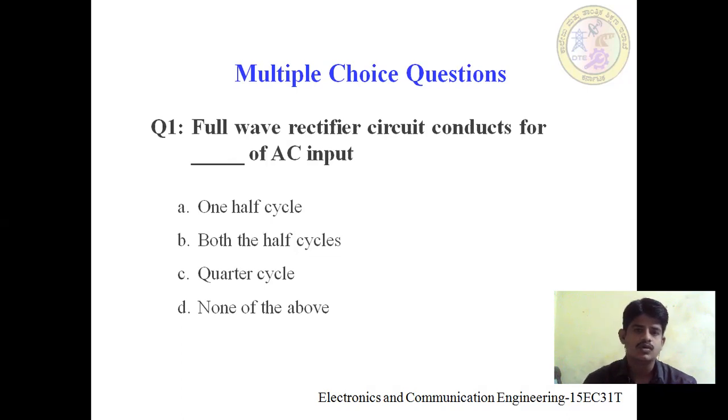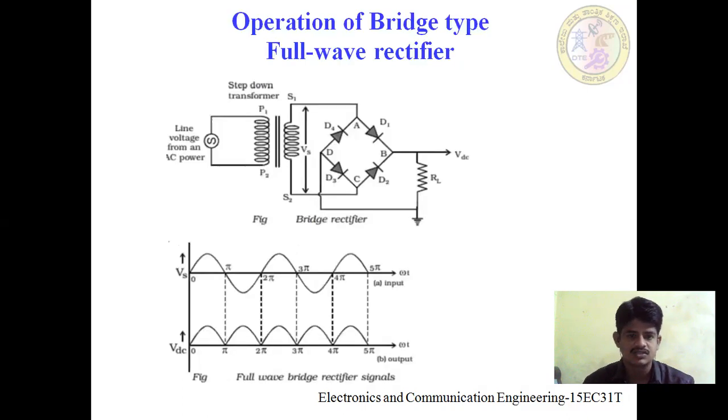Tell me what is the output frequency of the bridge type full wave rectifier. We forgot that point. What will be the output frequency? It is also double the input frequency, similar to the center tapped full wave rectifier, because you can see here that for one cycle of input we have two cycles, that is two positive half cycles.